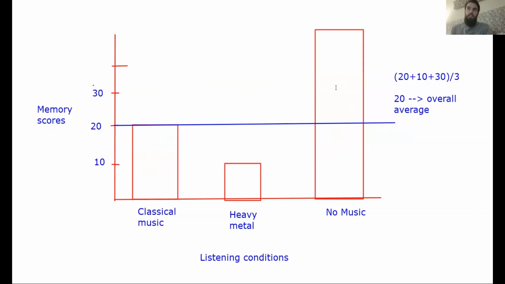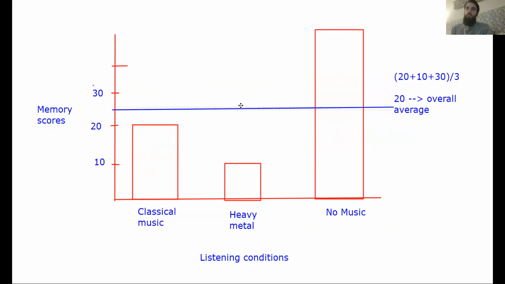The more the condition means differ from one another, the greater the between group variance.